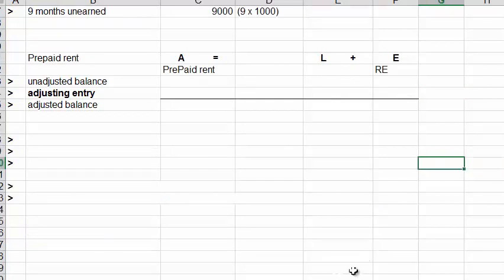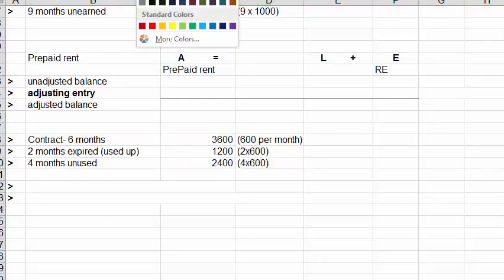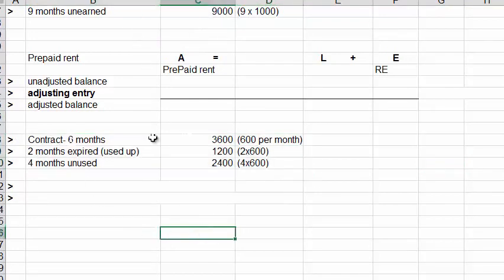Alright, well, let's consider the last adjusting entry that we need to do here, and that one was, of course, for the prepaid rent. As we recall, Sample Daycare paid $3,600 for 6 months worth of rent that began on November 1st. So if we do the same kind of analysis that we did previously for the daycare account, it would look something like this, right? They paid $3,600.